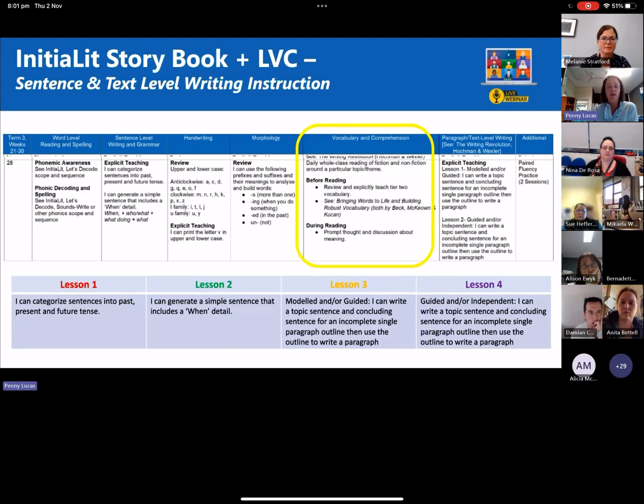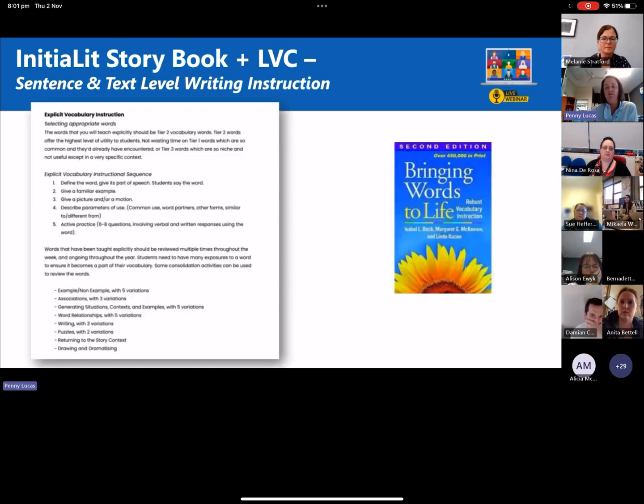You certainly don't have to, but I use the manual, and I also use this fabulous text from Becca McCown, Bringing Words to Life, and just the explicit vocab instructional sequence that they recommend. So you've got your vocab from your Initial Lit storybook, and you've got this explicit vocabulary instructional sequence.